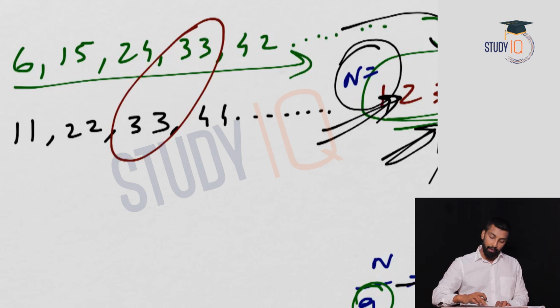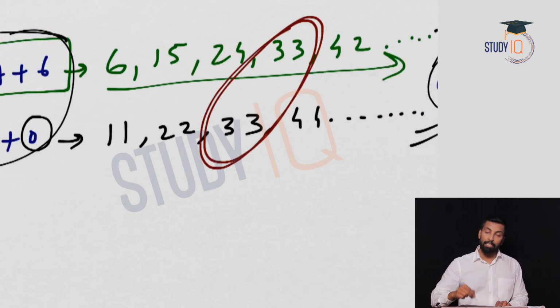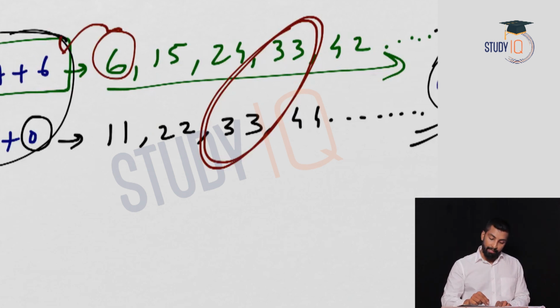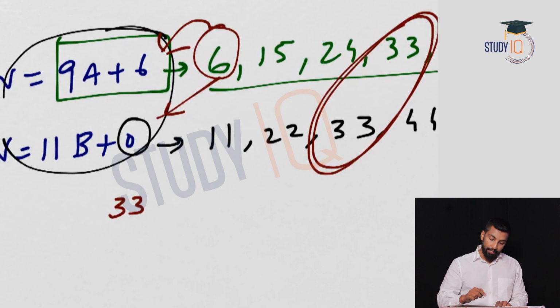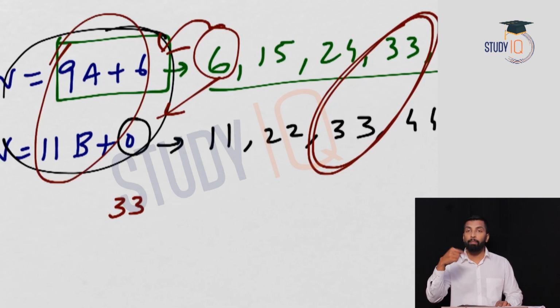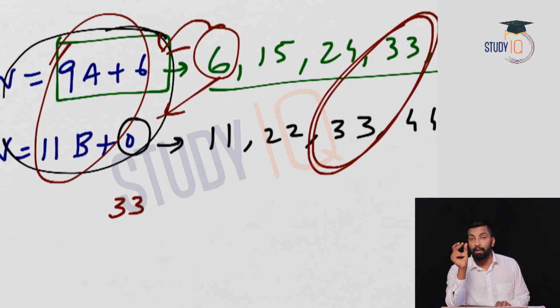If you look here, 33 also satisfies both conditions, and that's why 33 is there in both. 6 is there here, but 6 is not part of this. So 33 is the first number which satisfies both these conditions. What will be the next number? For that you need to add the LCM of 9 and 11, that is 99.